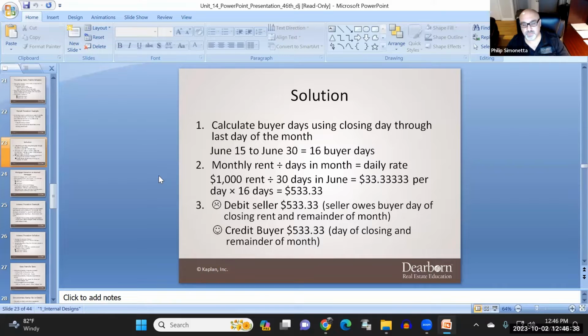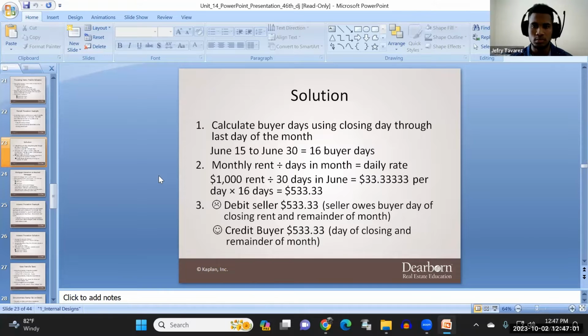If you put 15 days, that answer will be on the test too. They try to trick you. If it's closing on the 15th, the buyer owns that day. So it's 16 days, not 15.